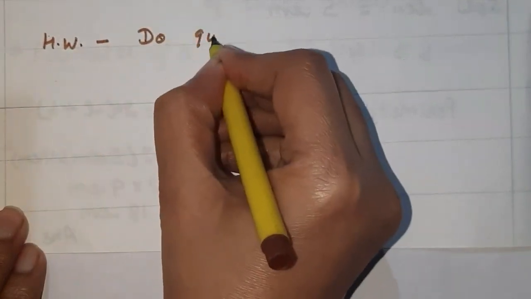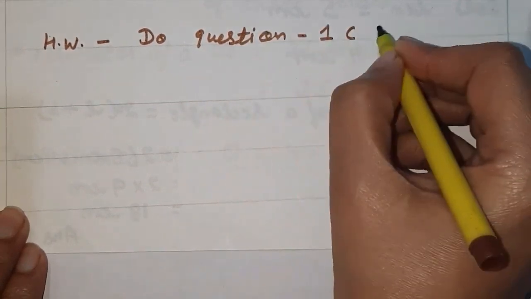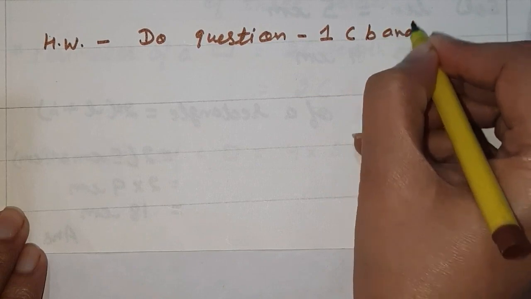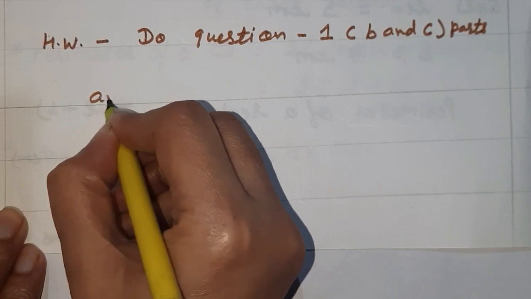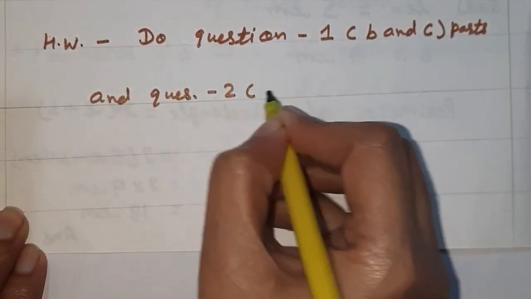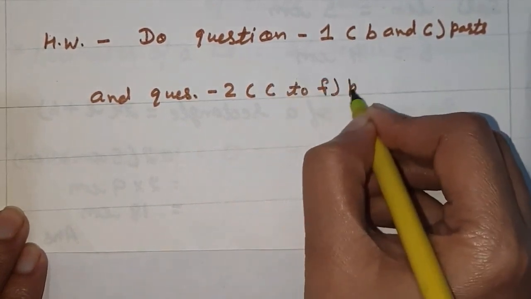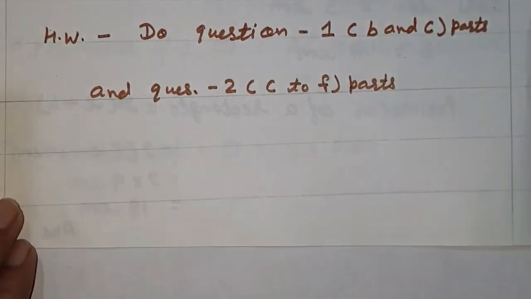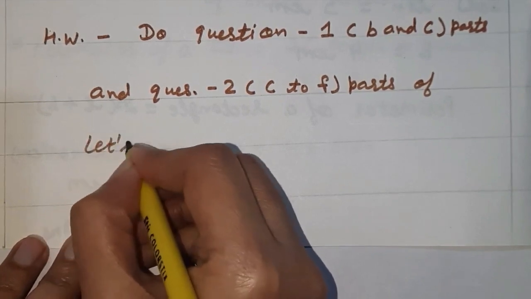Now it's time to take homework. Your homework is do question 1, B and C parts. And question 2, C to F parts, of let's rewind exercise.